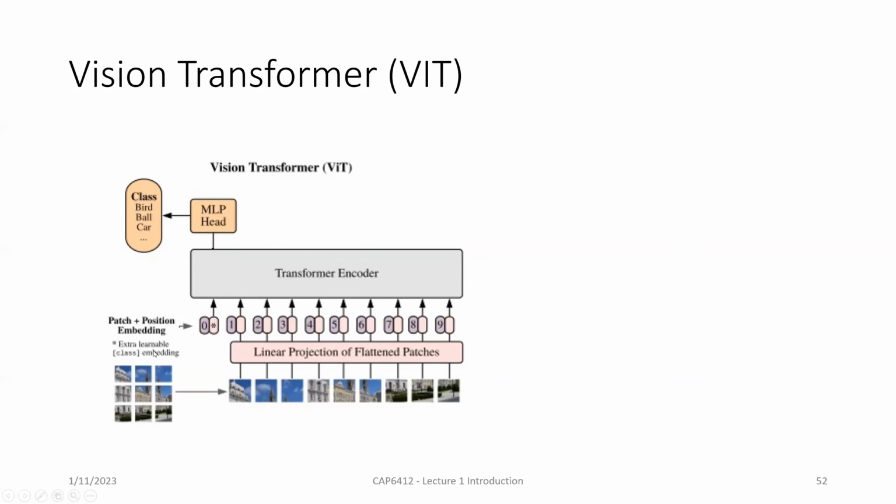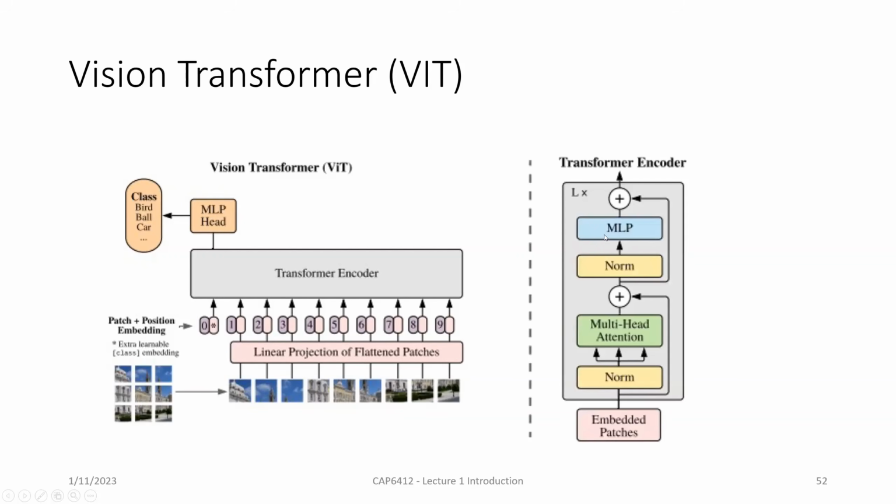You want to get a good representation of the image, and then you add the MLP head, and you can do the ImageNet classification, 1,000 classes. Okay, so this is again your transformer encoder: patches, normalization, multi-head attention, skip connection, and all those things, and L copies of that.